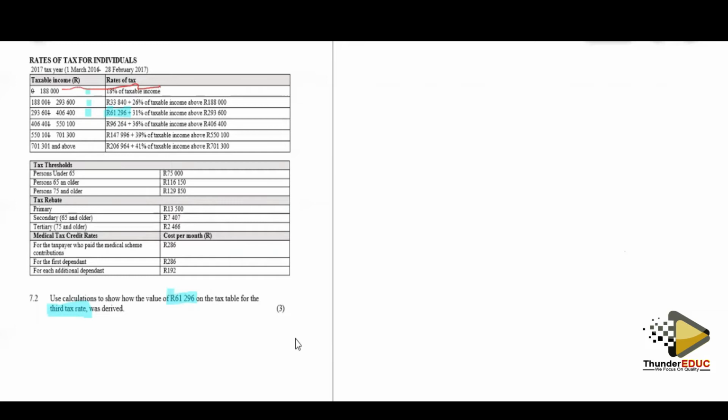Because it's from bracket 2, we shall call on bracket number 2, which is 33,840 rands plus 26%. So we shall say 0.26 into brackets. Now, what number do I put here? I will put the maximum value in bracket number 2, which is 293.